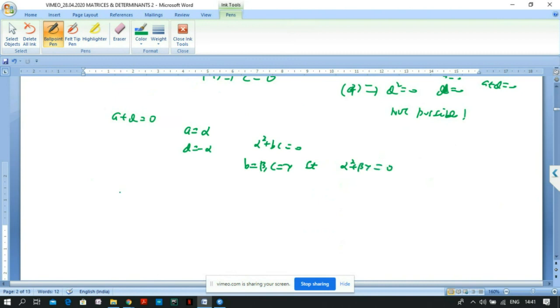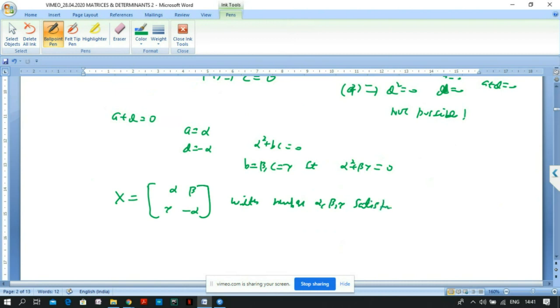So we can say that all such matrices solution is given by x is alpha, negative of alpha, this is beta, and this is gamma, such that the numbers alpha, beta, gamma satisfy alpha square plus beta gamma equals 0. So we have done the solution of two fundamental things, x square is 0, x square equal to I.